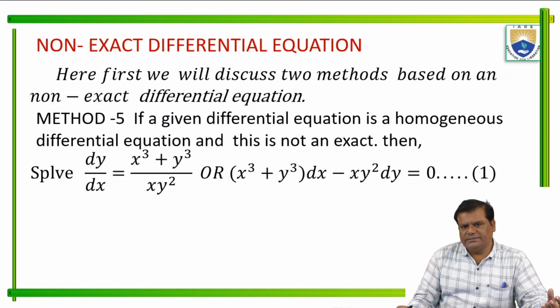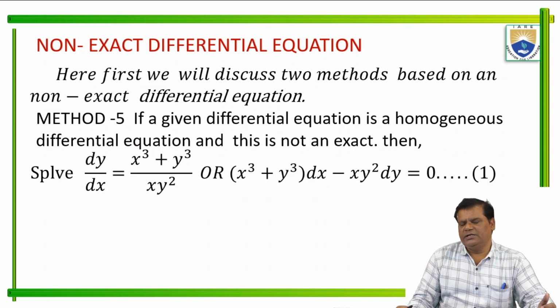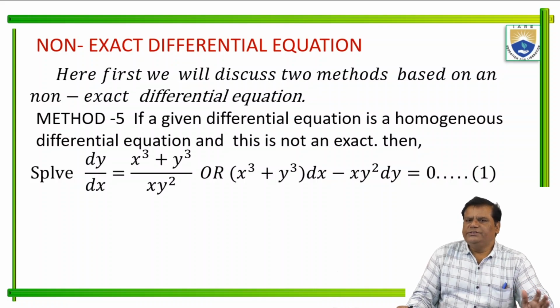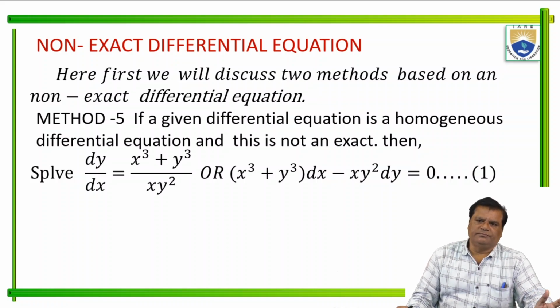We have already discussed homogeneous differential equations in a separate chapter, but here we are discussing non-exact differential equations. A homogeneous differential equation is also a non-exact differential equation, so for any homogeneous differential equation, we check that it is non-exact.